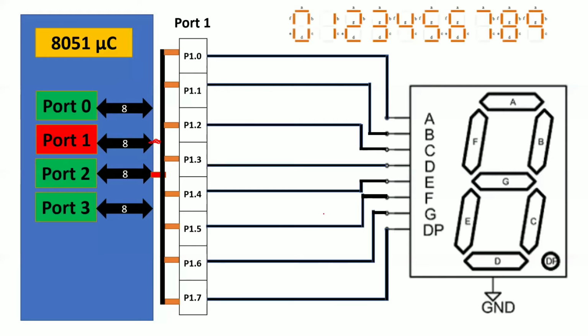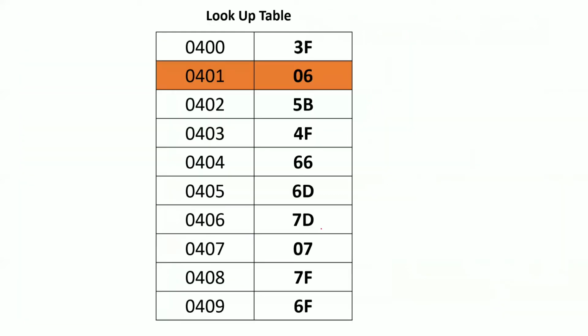Now my requirement is I want to display the numbers like this: 0, 1, 2, 3, 4, 5, 6, 7, 8, 9. If I want to display any number, I need to access its code. Each and every digit has its own code, as we have seen in the previous slide. All these codes are stored inside your permanent memory, which is nothing but your ROM, in the form of lookup tables.